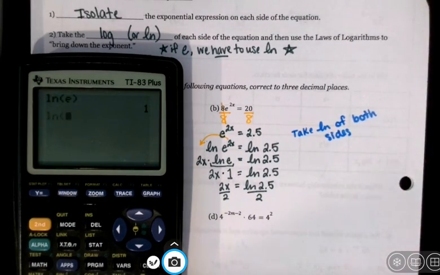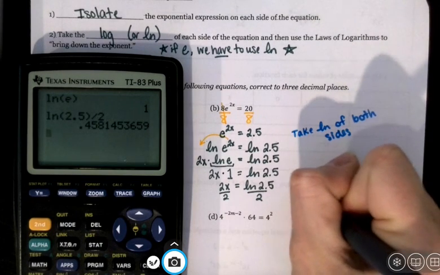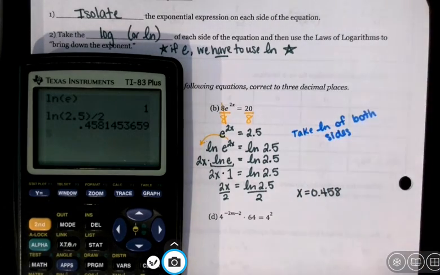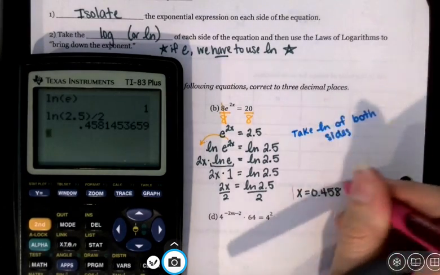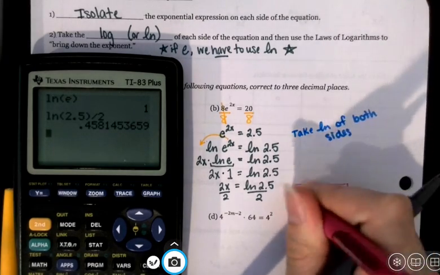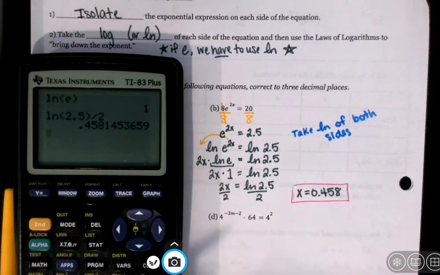So I'm going to do the natural log of 2.5 in my calculator and divide that by 2. And I get 0.458 since I want 3 decimal places. And that is my final answer.